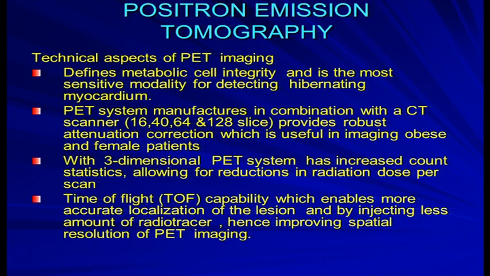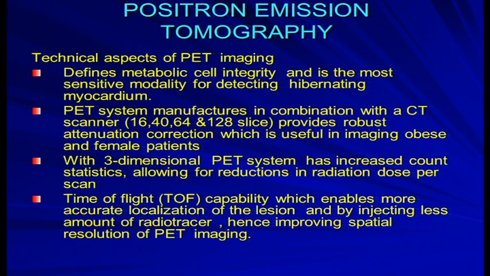So now comes positron emission tomography. It defines metabolic cell integrity and is the most sensitive modality for detecting hibernating myocardium. PET system manufacturers in combination with a CT scanner give 16, 40, 64 and 128 slice, providing robust attenuation correction, which is useful in imaging obese and female patients.